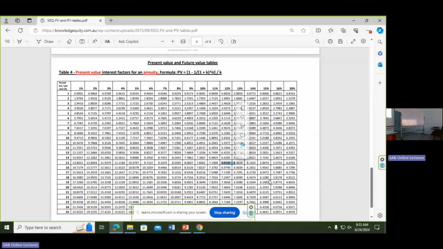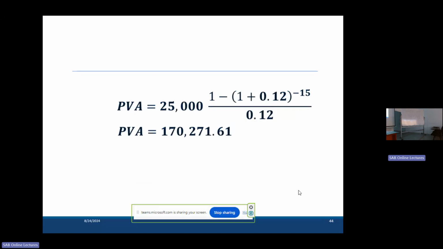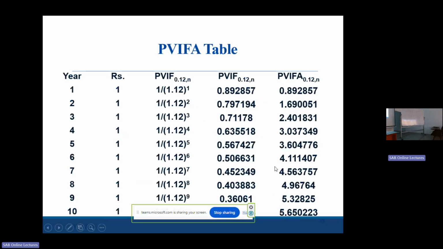Okay. Now we will go to the next point. This one also is better to know. Again, in the annuity factor and the single factor, you can see that relationship. Like in the future value annuity factor, here also you can see table factors.